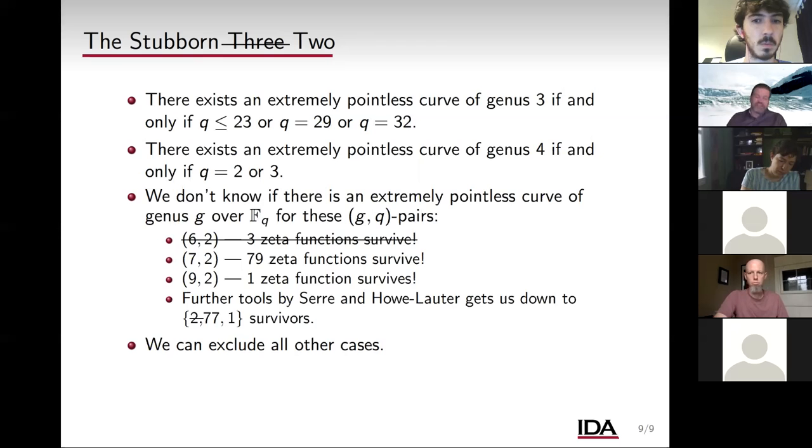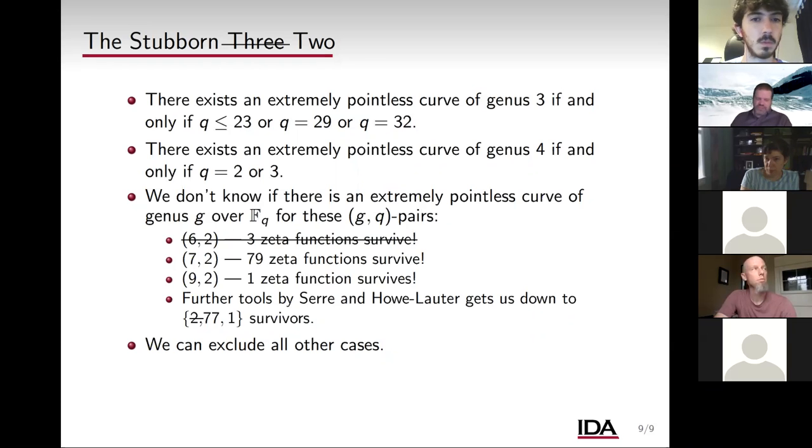Well, it's not painless, but it's not extremely painful either, and I think it's on the order of a day's worth of computation to show that you can't have any genus 6 curves of gonality 7.